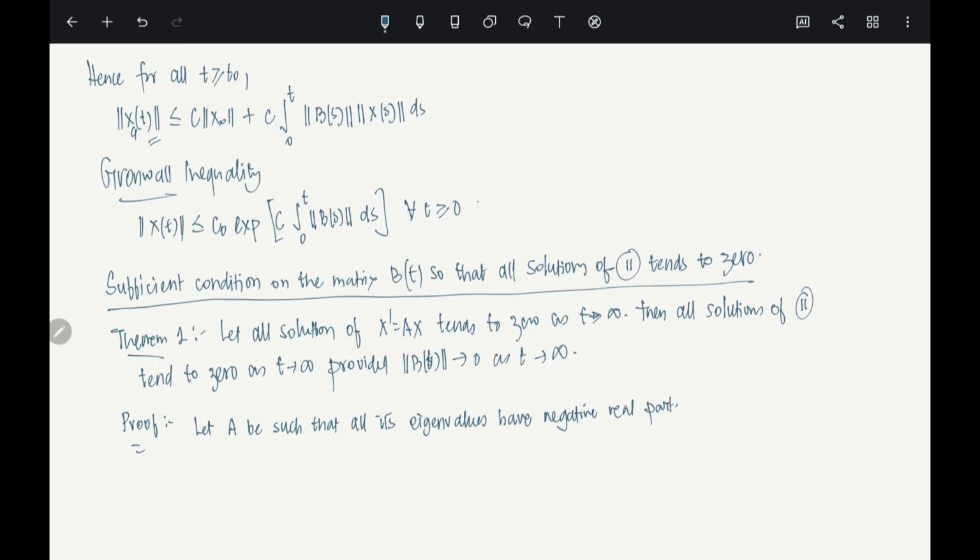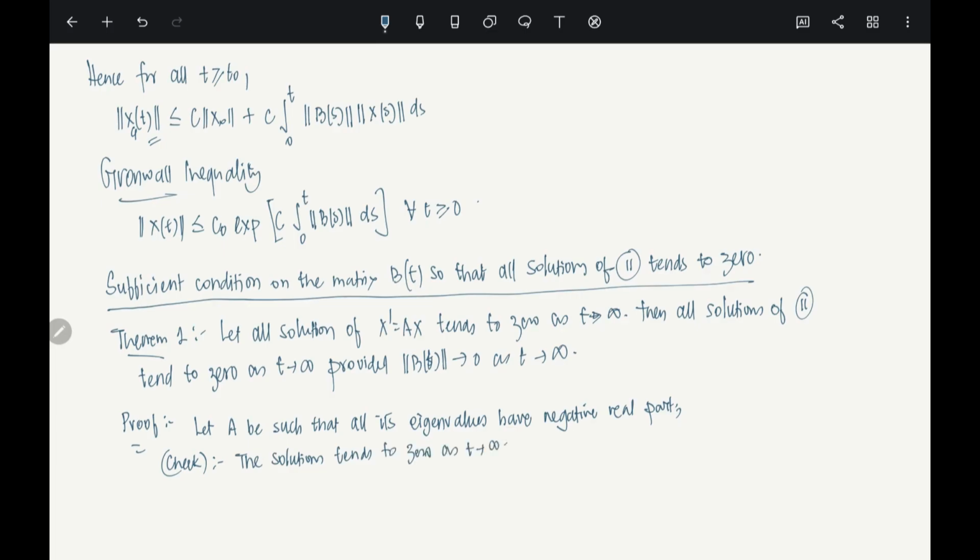If that is the case, then this is part of the assignment. You have to check that any solution basically tends to 0 as t tends to infinity.